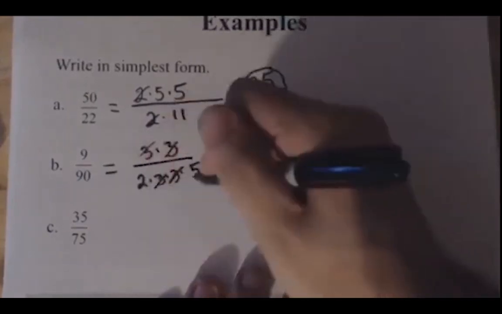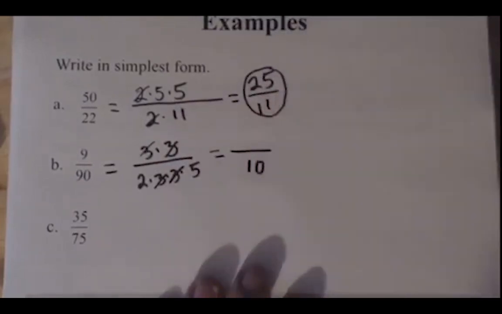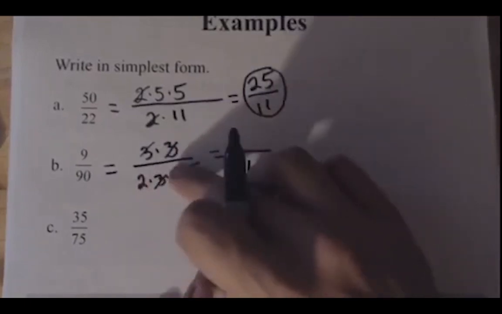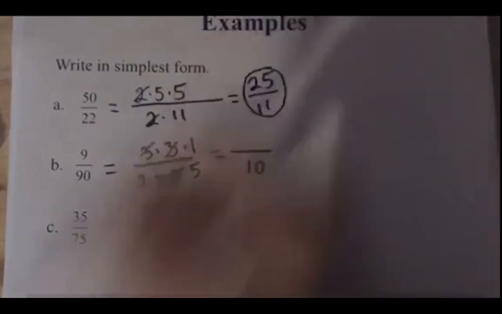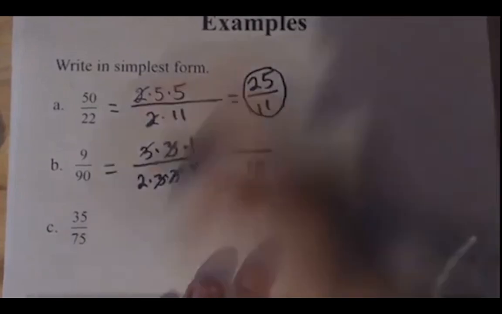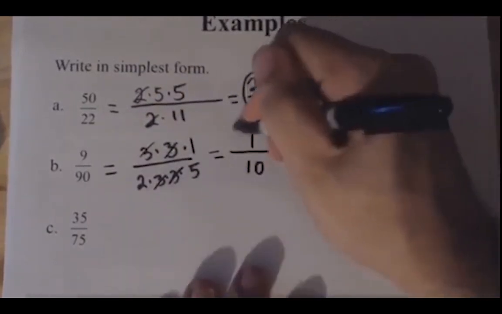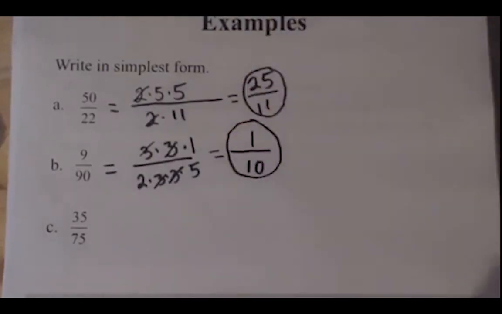That leaves us with 2 times 5 is 10 on the bottom. And on the top, there's nothing left. But wait, we can put times 1 there, no problem, which means there's a 1 left. When everything disappears, when everything cancels away, it leaves a 1, not a 0. 1/10.